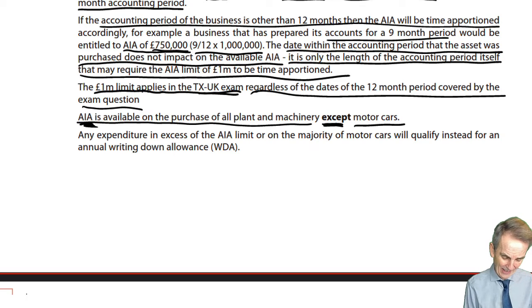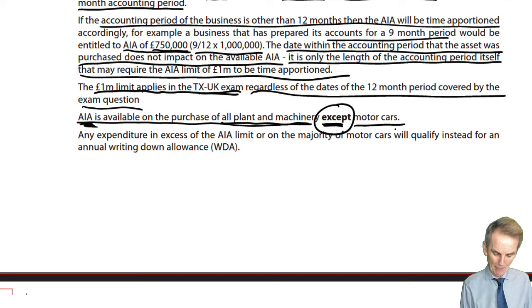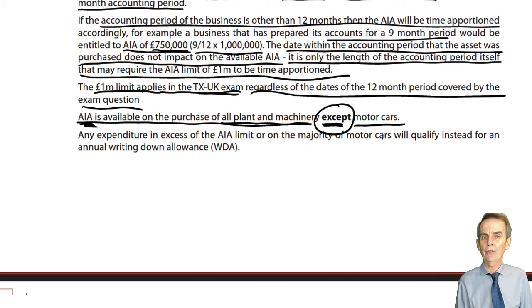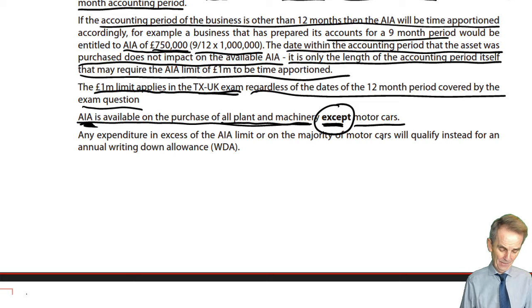AIA is available on all plant and machinery except motor cars. What we'll most likely see on motor cars is that we'll be able to get something called a writing down allowance on an annual basis. In rare circumstances, there may be the third of the three capital allowances available, as we see when we go over the page, a first year allowance.